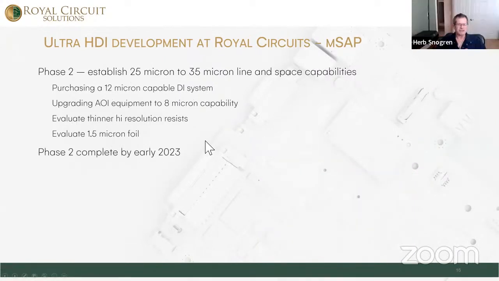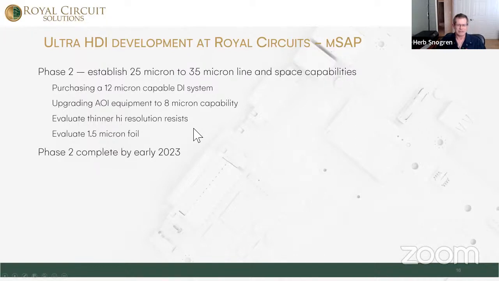Our phase two is to establish the 25 to 35 micron line and space capabilities. Based on the testing we had on the resist recently, which surprised me, I think we're going to be pretty far along with this towards the end of this year.